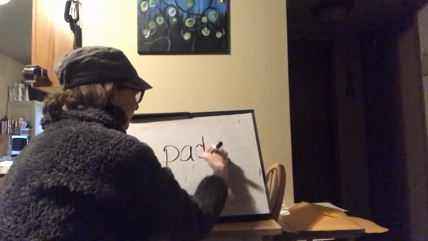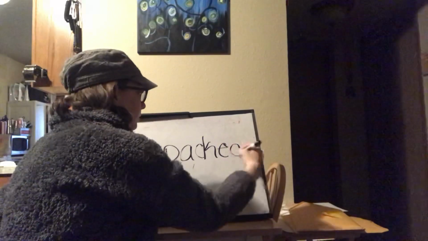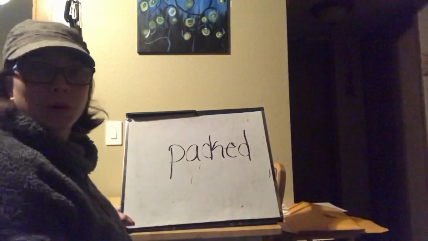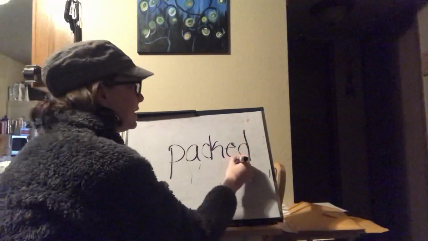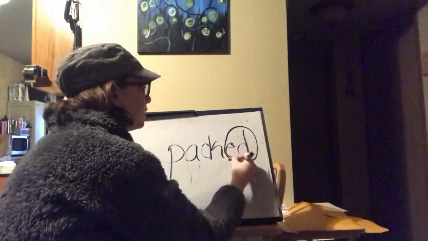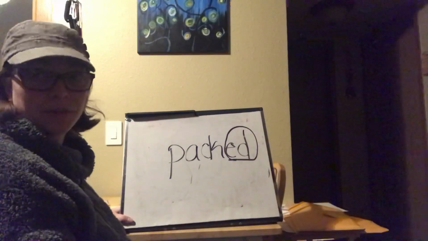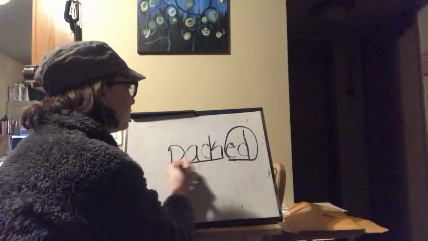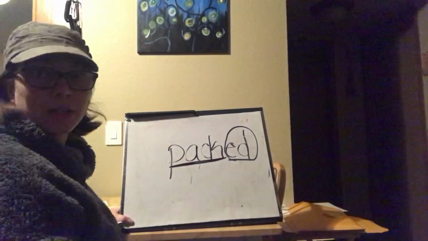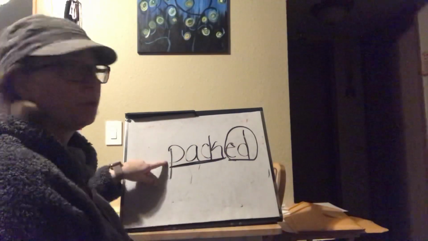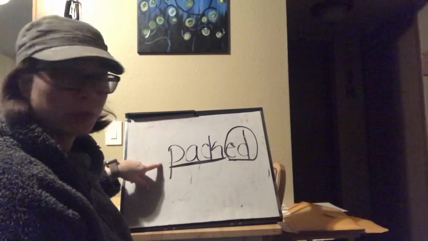So if I had the word packed, I'm going to put a circle around my suffix ed and underline my root word. Okay, so this is called your root word, or you might hear it as your base word.